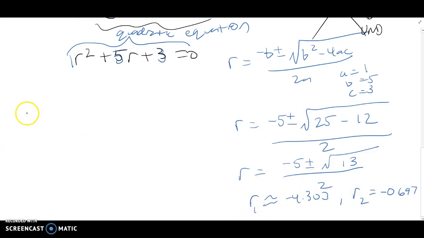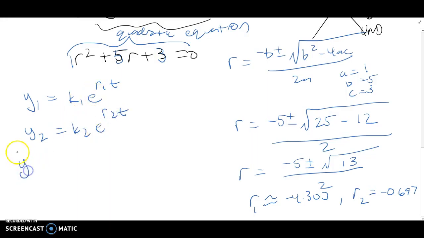Well, I know that y1, one possible solution, is going to be k1 e to the r1t, and another solution is going to be y2 equals k2 e to the r2t. And I also know by superposition that I can form a sum of these two and get a new solution.